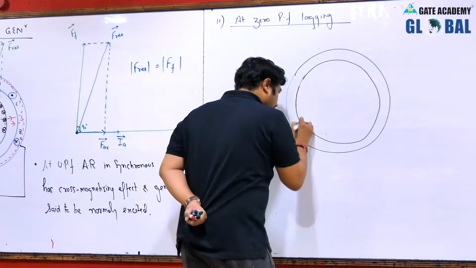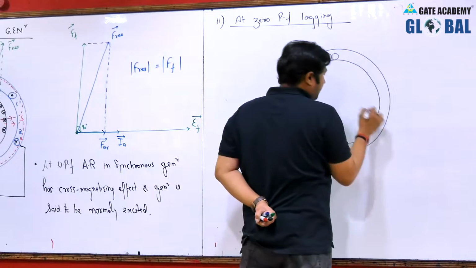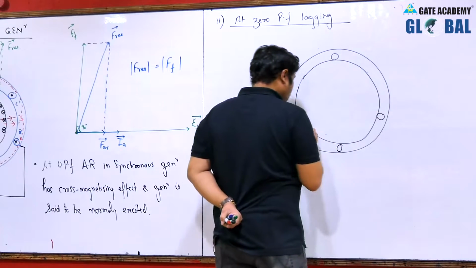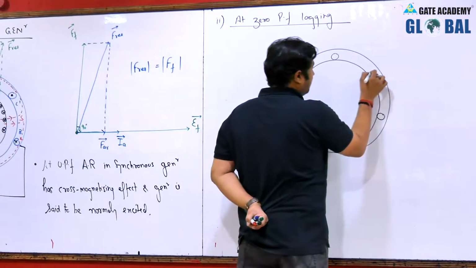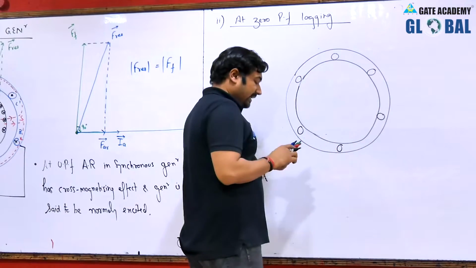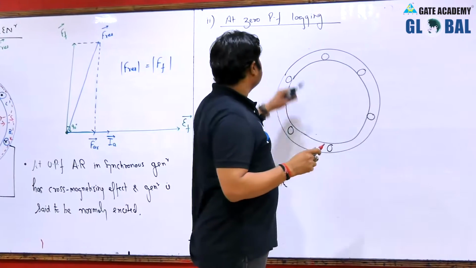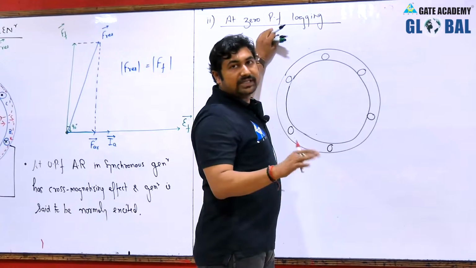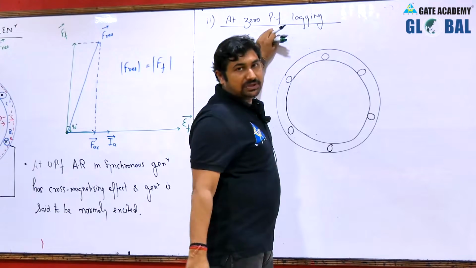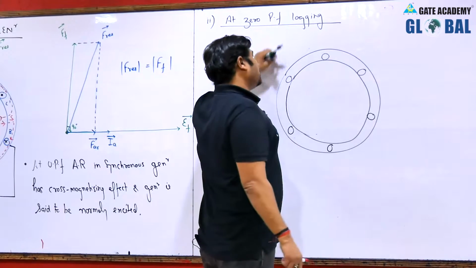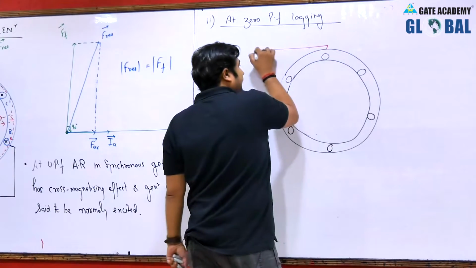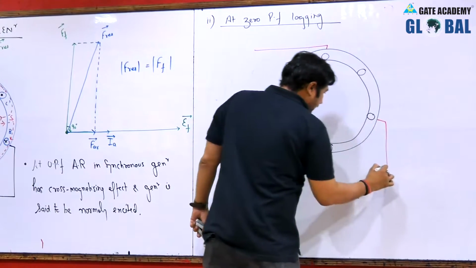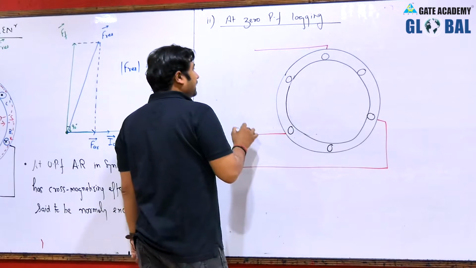In this case the armature current lags the armature voltage by an angle of 90 degrees. 0 power factor lag means cos phi is equal to 0, so phi must be equal to 90 degrees. So it means the current is lagging by an angle of 90 degrees. This is only possible when a pure inductive load is connected.